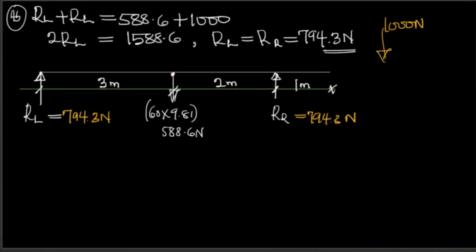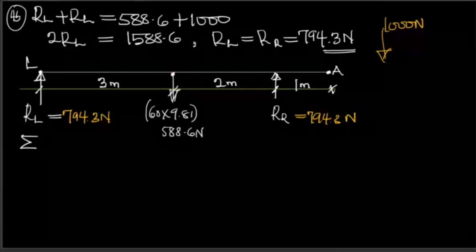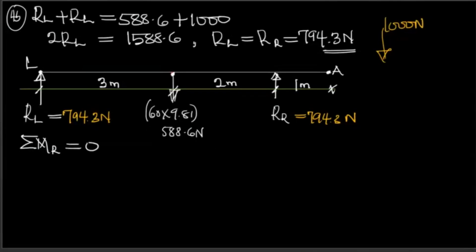Summation of moment, let's say this is the left hand side, and let's say this is A. Summation of moment about the right hand side is equal to 0. Let's just remove this, we don't have to label the section. So this is R. Let's take moment. This one is going to be clockwise, this one anti-clockwise, and the 1000 is also anti-clockwise.